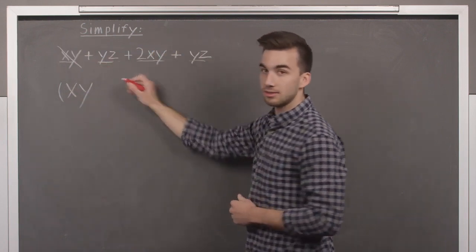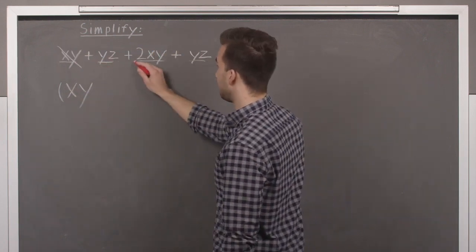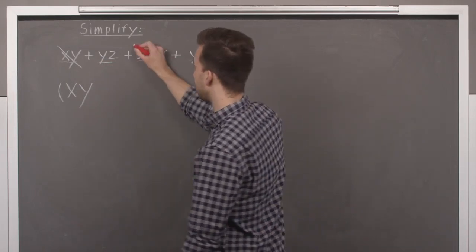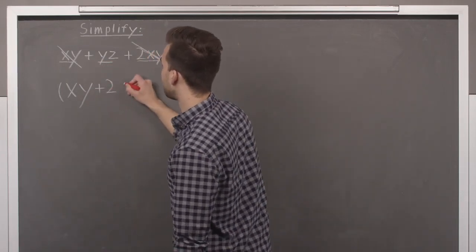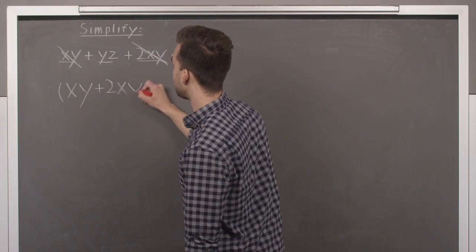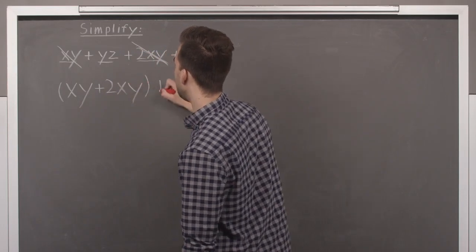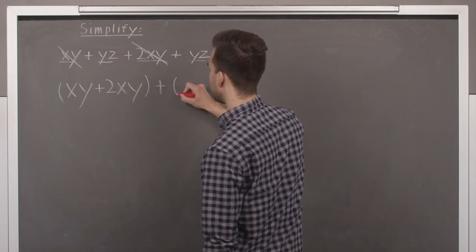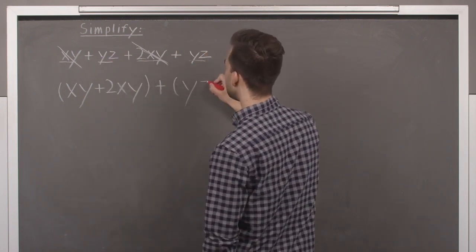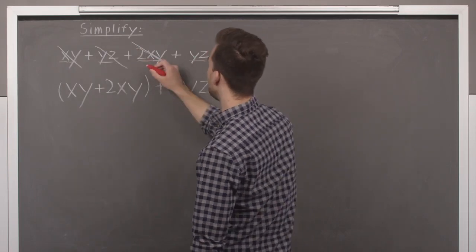and then do we have any other xy's? Well, there's 2xy here. And then let's do yz and see if we have any other yz's. And we do.